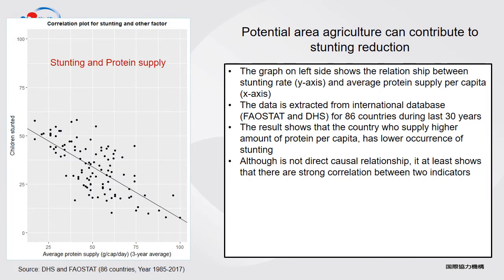This slide shows a potential area in which agriculture can contribute to stunting reduction. The graph indicates a relationship between stunting and protein supply.